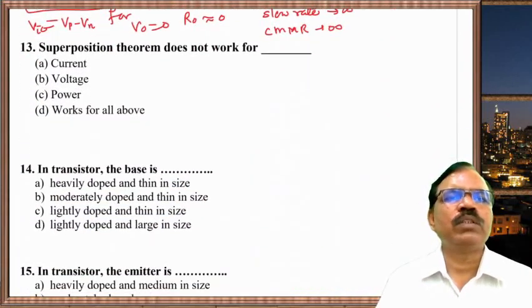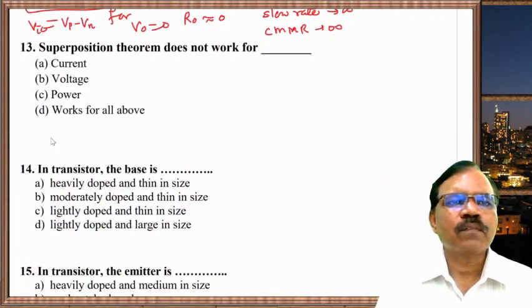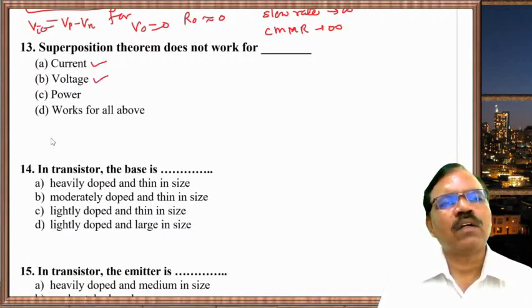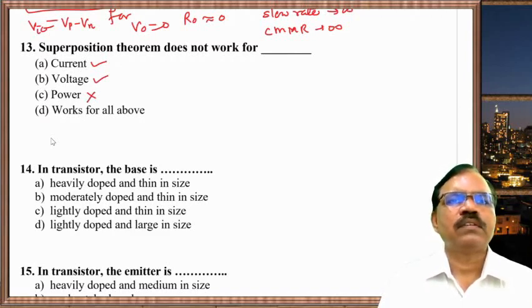So it can be used for current through some resistance or voltage across resistance, but it is not used for power. So works for all above? No. So this one is correct. Superposition theorem does not work for power.